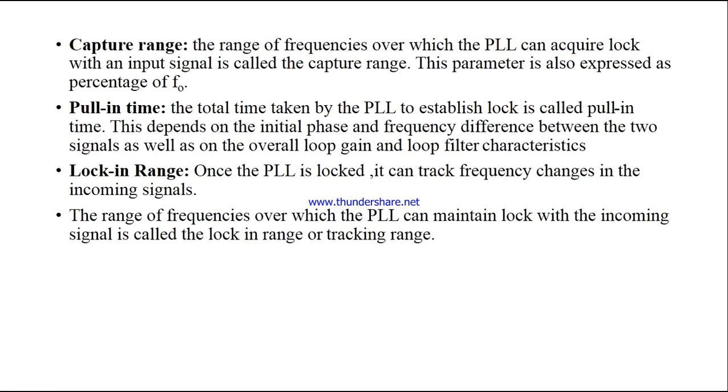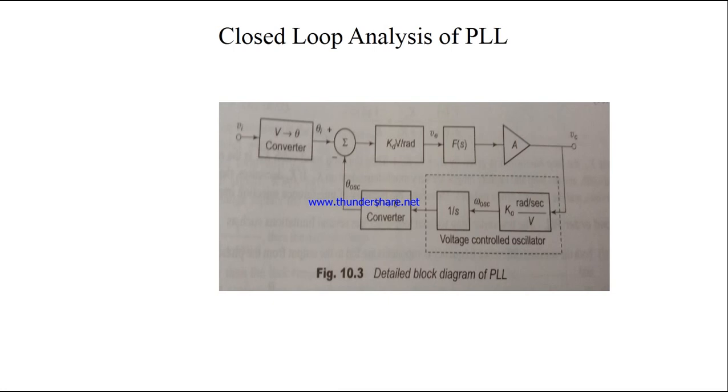This depends on the initial phase and frequency difference between the two signals, as well as on the overall loop gain and loop filter characteristics. And the lock-in range: once the PLL is locked, it can track the frequency changes in the incoming signal, and the range of frequency over which the PLL can maintain lock with the incoming signal is called the lock-in range or tracking range.